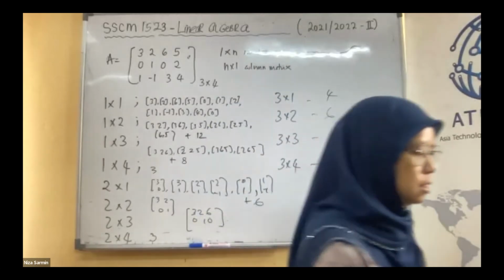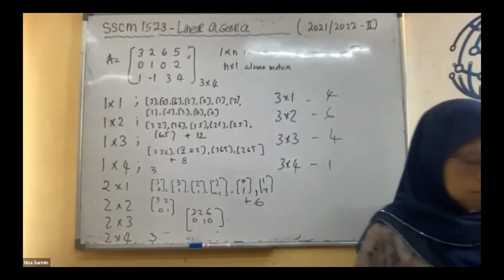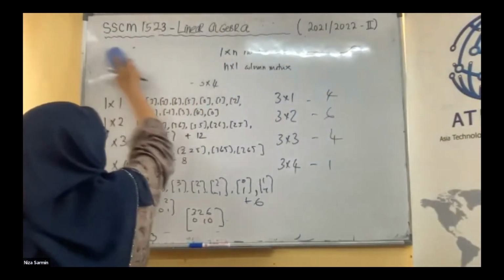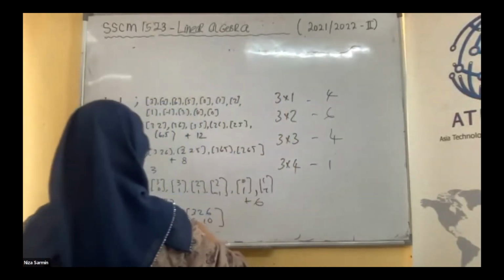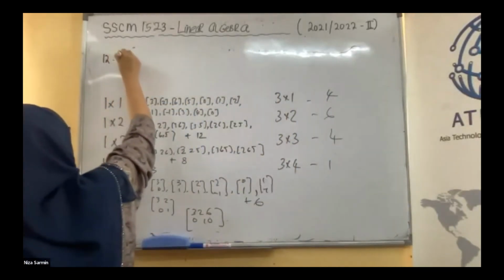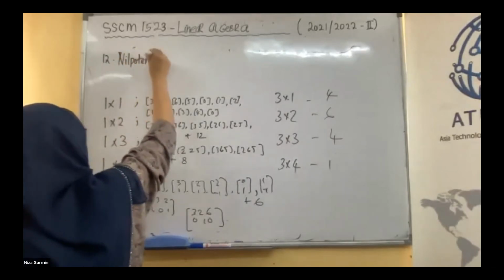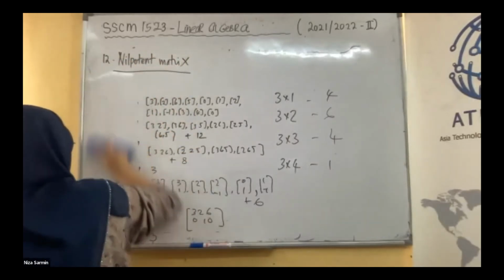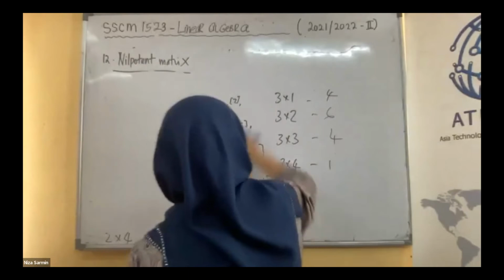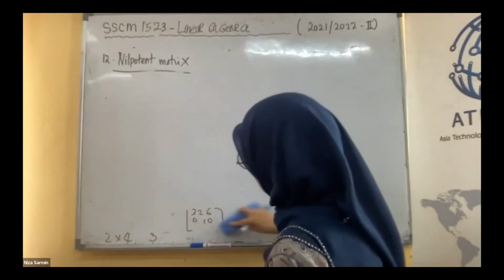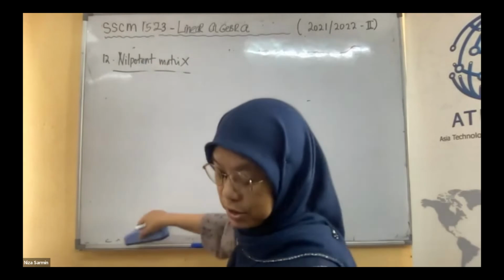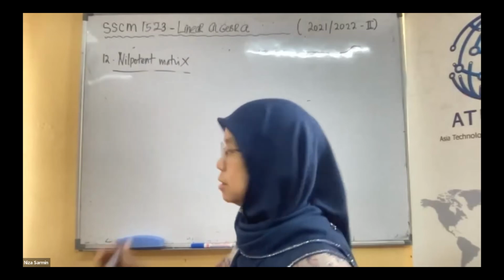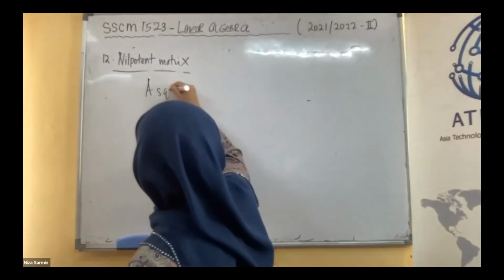Next is number 12, nilpotent matrix. Although we have not seen the operation, I assume you know how to add, how to subtract, how to multiply matrices, because this is using multiplication or power.